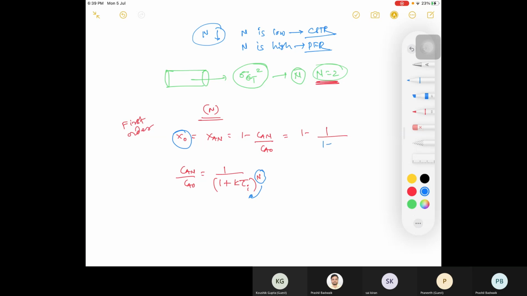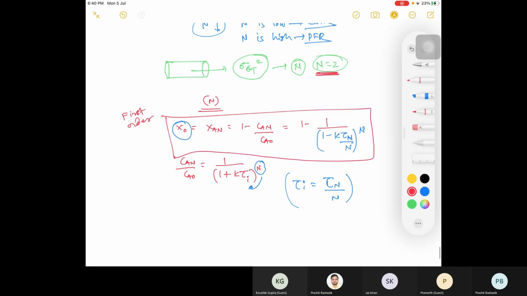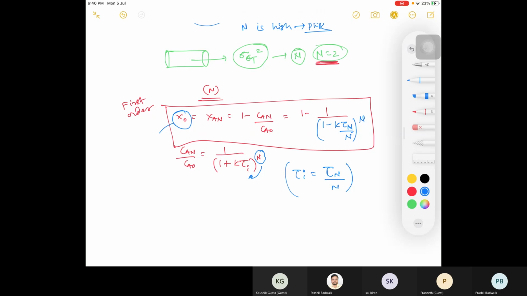That is 1 minus, K tau n divided by n, where I change tau i as tau n divided by n, to the power n. Now what we studied in CRE 1, this formula for X A n, right?